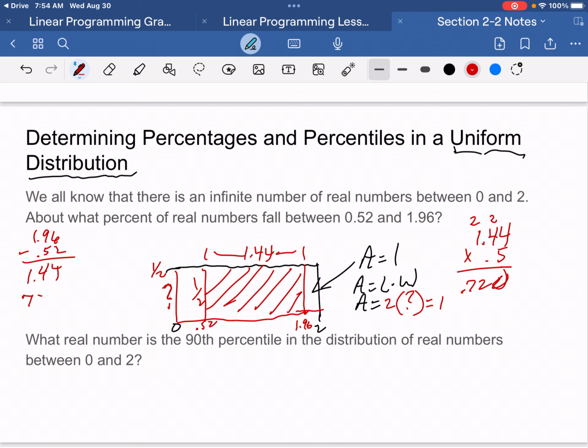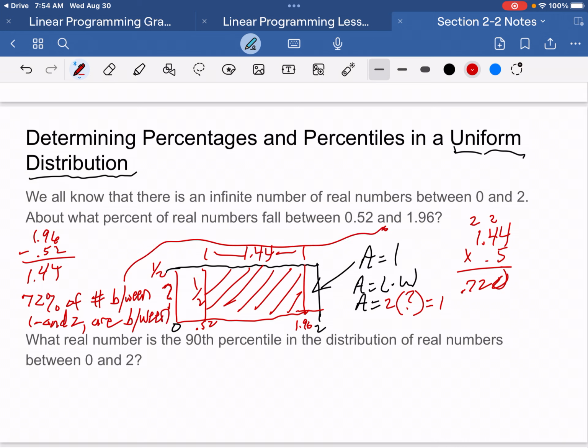So 72% of numbers between 0 and 2 are between 0.52 and 1.96. Isn't it ironic that there are an infinite number of numbers between 0 and 2, but I can tell you precisely that 72% of those numbers are between 0.52 and 1.96.